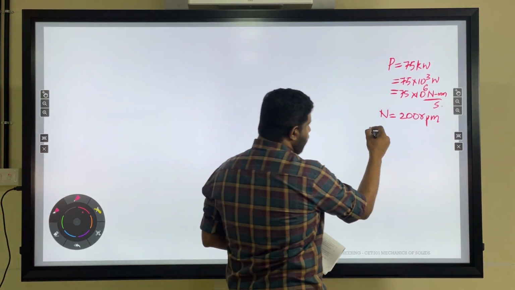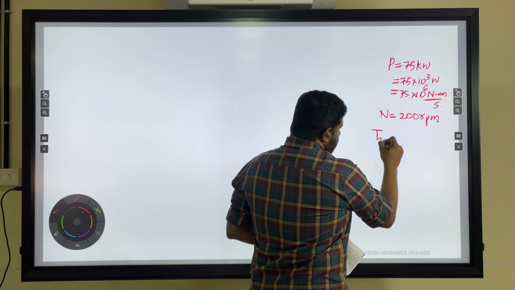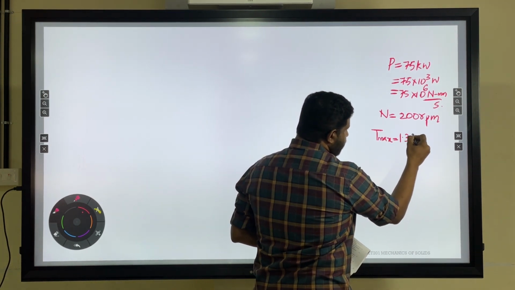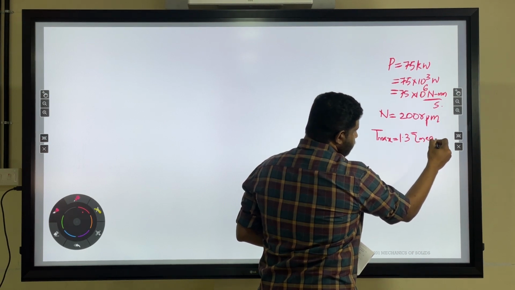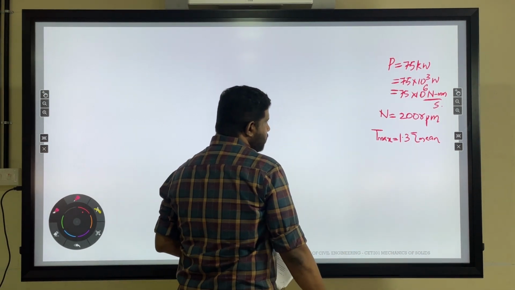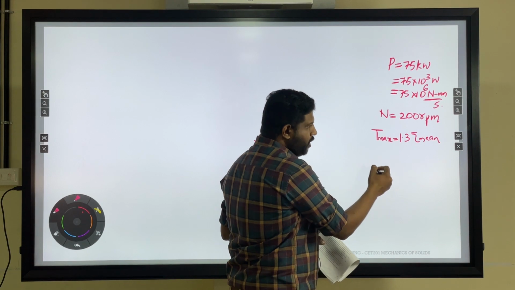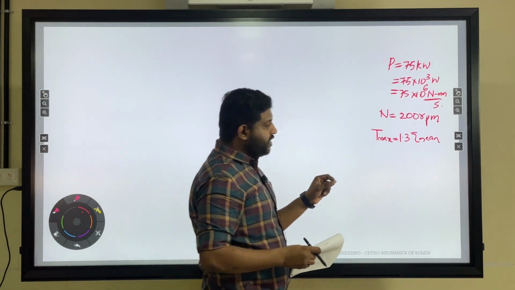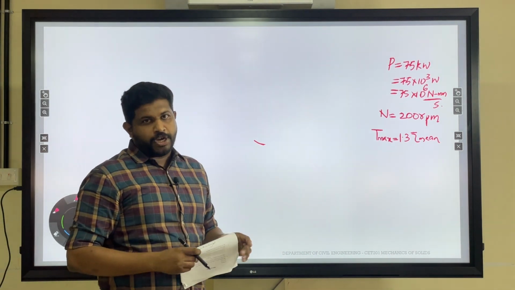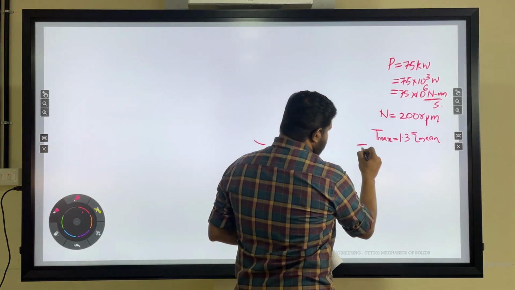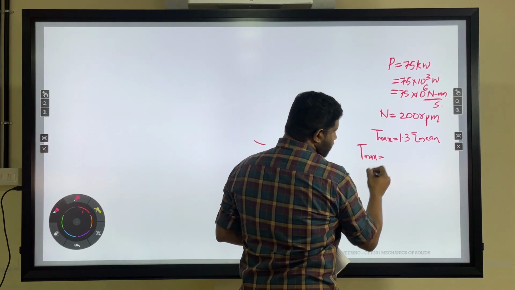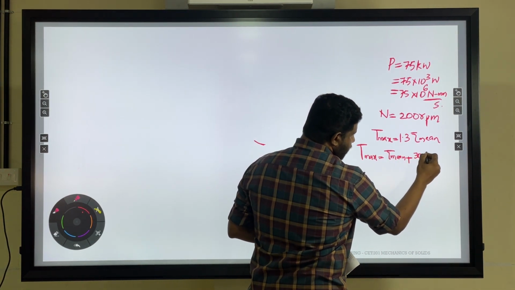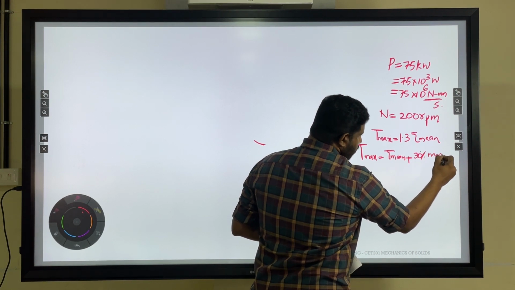So here you are asked to calculate T max, and you have to take the condition 1.3 times T mean. Okay, this condition is like this. We are asked to calculate a shaft which is capable to transmit a torque which exceeds 30% of the mean torque. So the torque that has to be transmitted is T max is equal to T mean plus 30% of the mean torque.